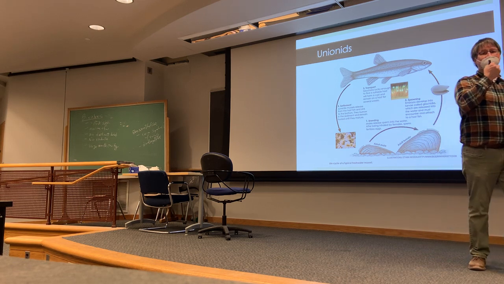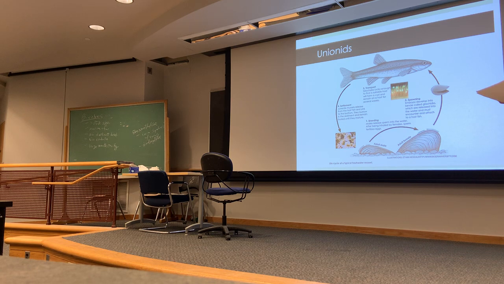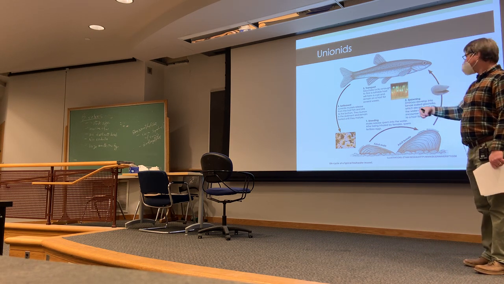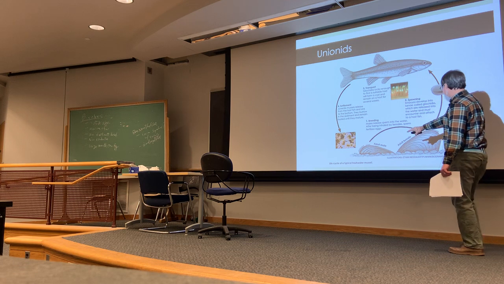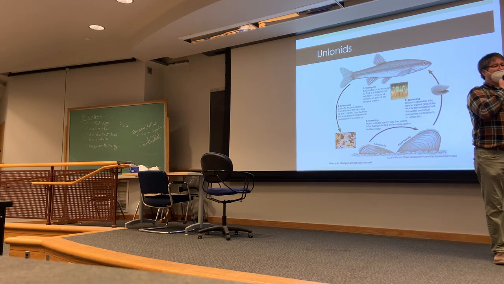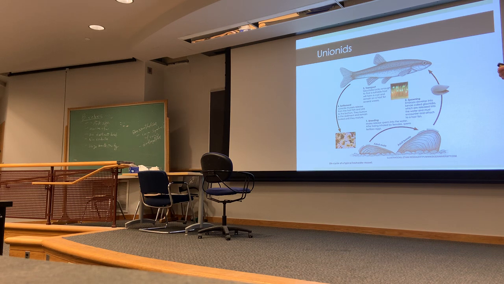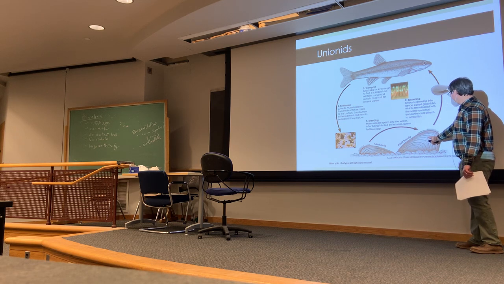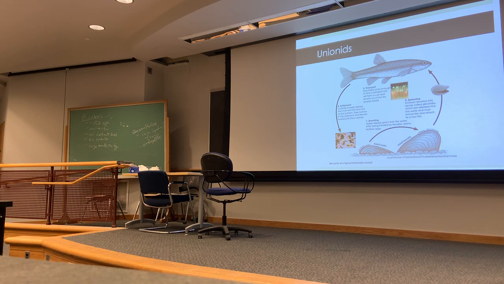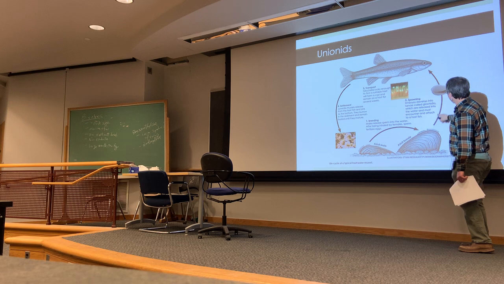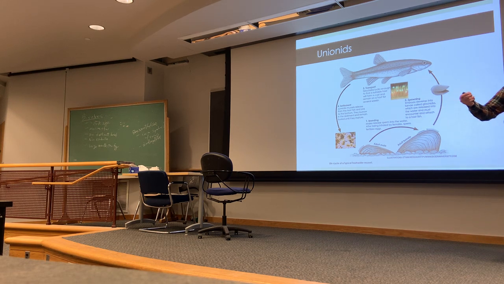Most bivalves tend to be dioecious and spawn gametes. Fertilization takes place in the water column, and then the larvae ultimately settle down. Trochophore, veliger stage larvae. Within unionids, in this case, the females don't release the eggs. They take up sperm from a male, or from multiple males in some cases. The eggs get fertilized, and then the embryos are brooded within, and they may be, like in this example here, released from the female.